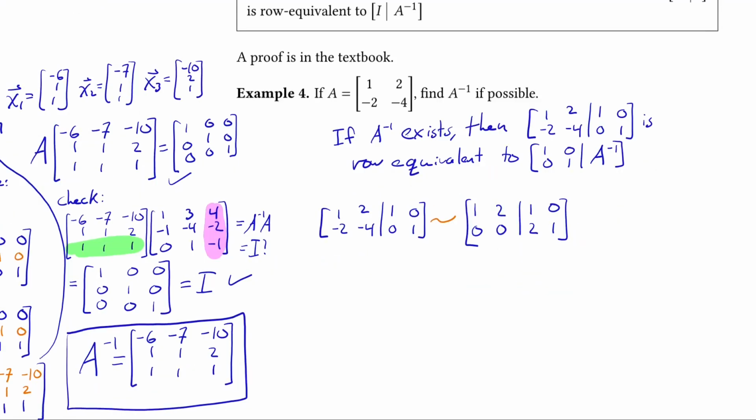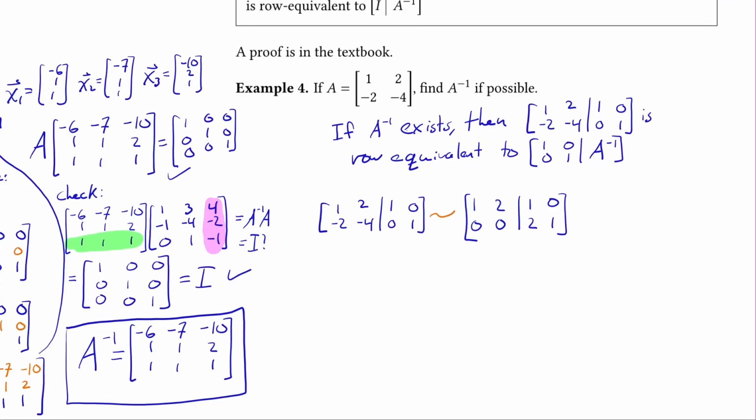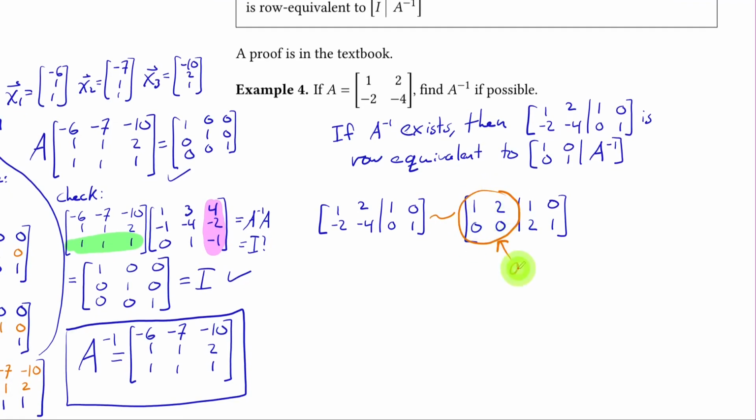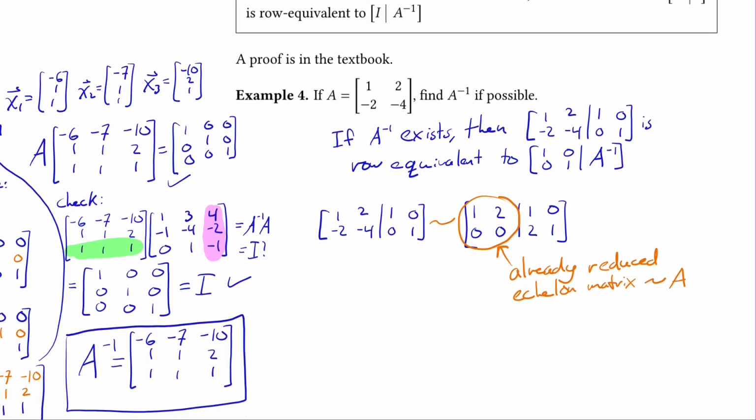And the A part of this is already in reduced echelon form. And it's equivalent to A. And A is only equivalent to 1 reduced row echelon matrix, and it's this one, and so it's not the identity matrix. So A cannot be reduced to the identity matrix.